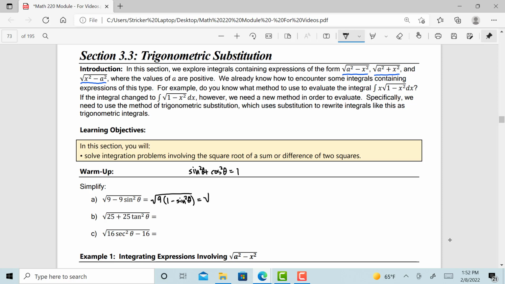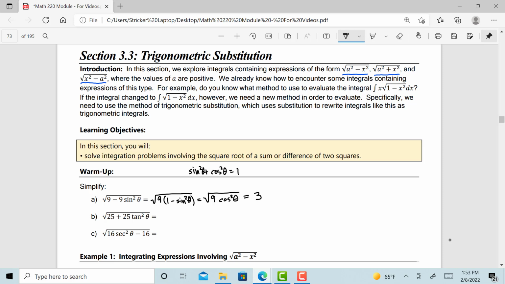So we can rewrite this as 9 times cosine squared theta. And now, because it doesn't have that minus in there, now we can take the square root, because the square root of 9 is 3.